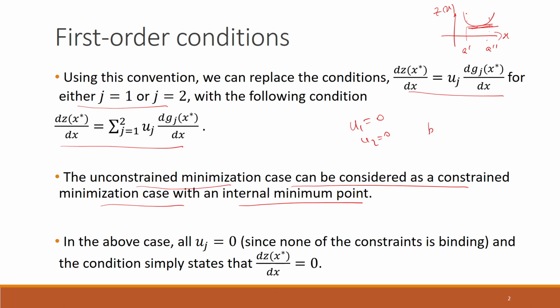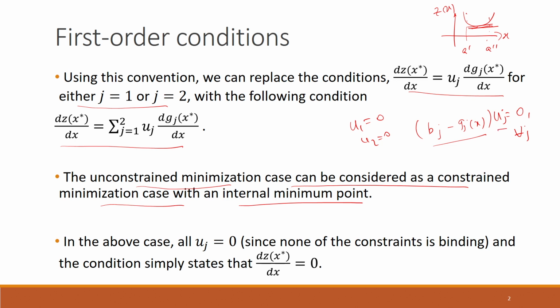and since we have introduced that condition that (bj minus gj(x)) times uj is equal to 0 for all j, if this is not 0, that is, if a particular constraint j is not binding, then uj will have to be equal to 0.